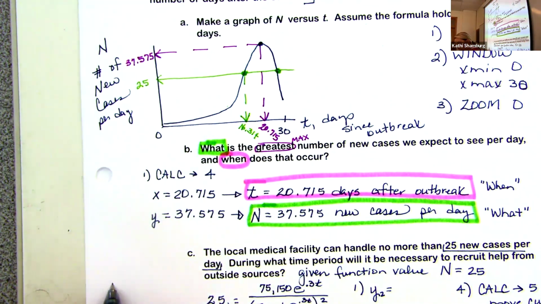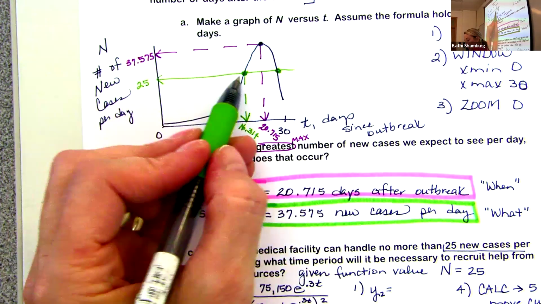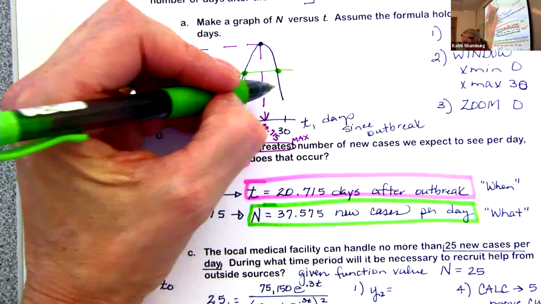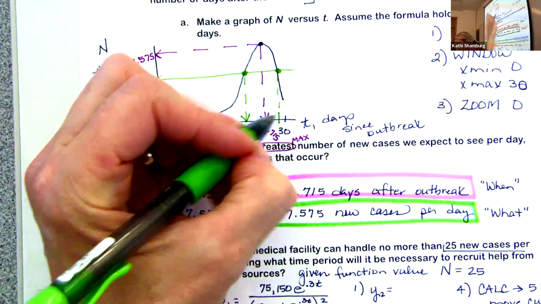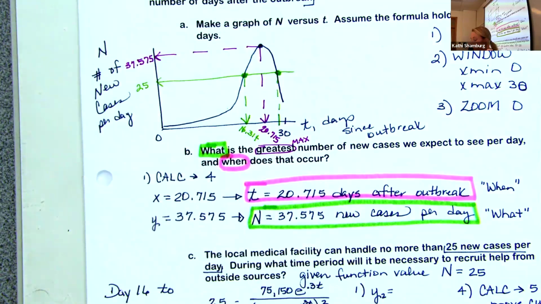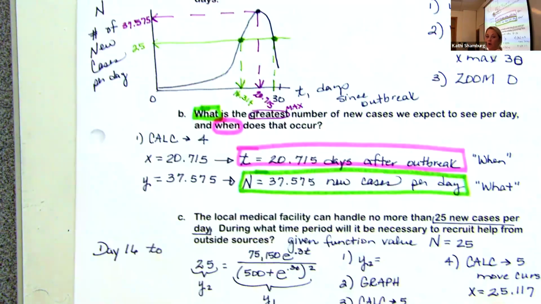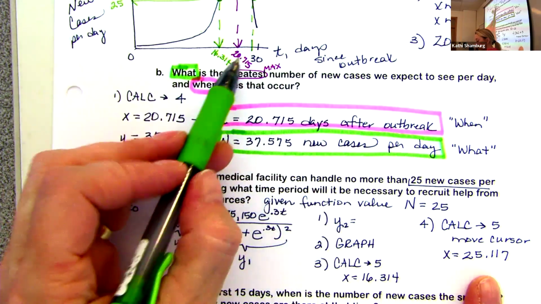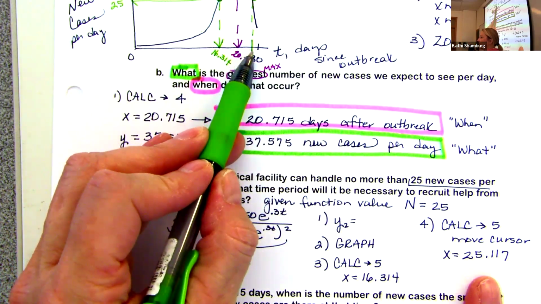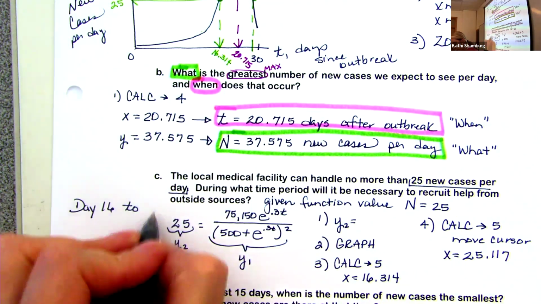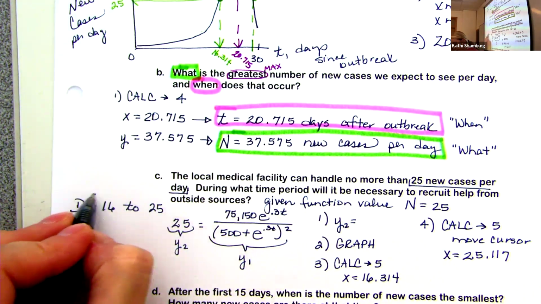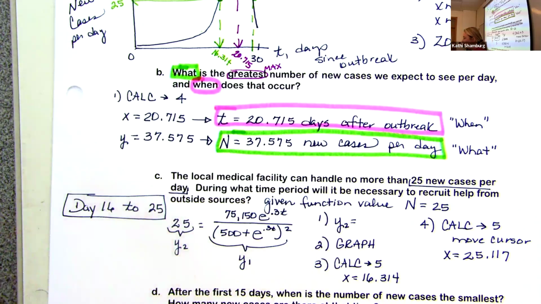No. So we need help on day 16, and then we need help until we get here, which I can't write in there. I've got too much going on. That's 25.117. So here's 25.117. Again, are we on day 25 or 26? 25. So this is your actual answer.